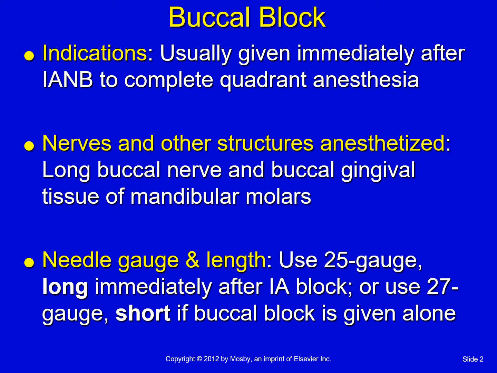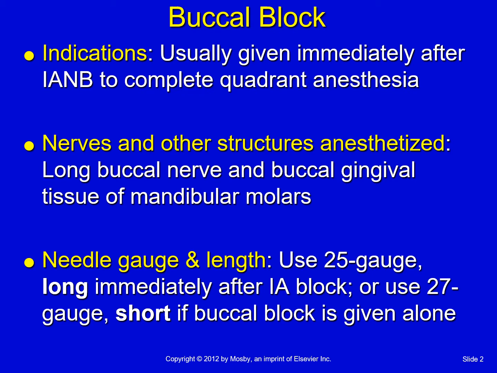So let's say that for some reason you needed just soft tissue anesthesia on just the buccal side of those last molars, and that you did not need pulp, but the patient was not sensitive to the tooth being scaled, but was very sensitive around the gum tissue.